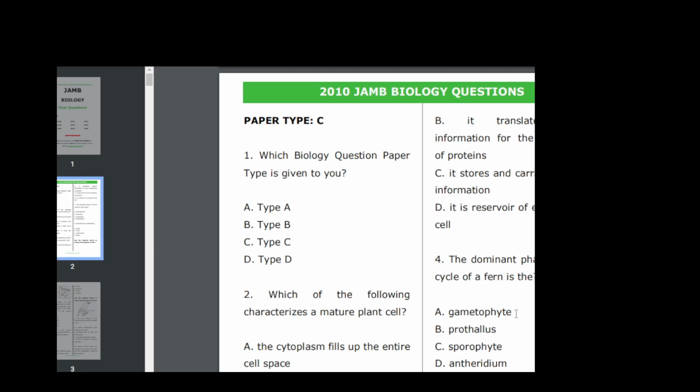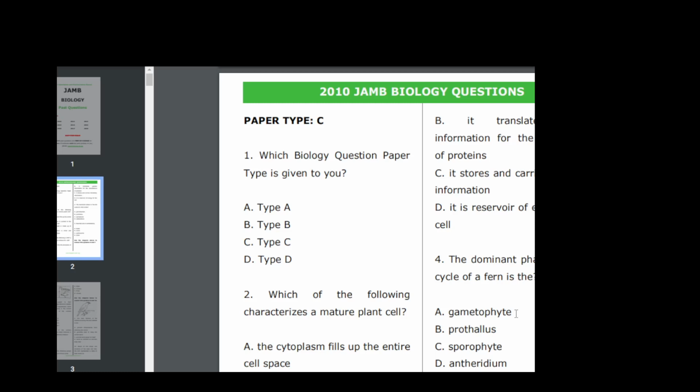I said it is not a gametophyte because ferns are described as sporophytes. The gametophyte is a small heart-shaped structure which bears the sex organs in which eggs and sperms are produced.